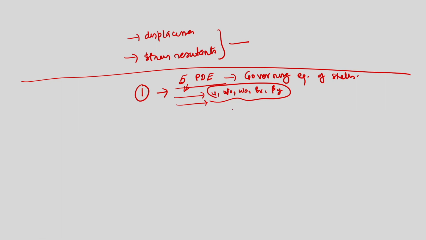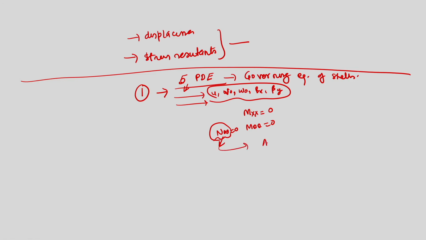Then for the boundary conditions, if you say that mxx needs to be 0, or m theta theta needs to be 0 or n theta theta needs to be 0, in that case, to get the boundary condition, we have to first convert using the shell constitutive relations into that form.